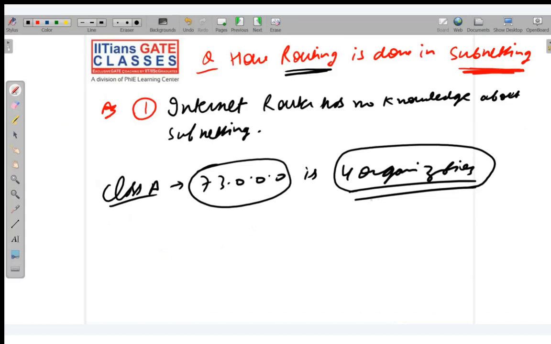If we made these four different entries, then what is the use? Our aim is to decrease the number of entries in the routing table. But if the router knows this subnetting, then the number of entries will increase. We do not want to increase; we want to decrease the entries. That's why the internet router has no knowledge about subnetting. It's your private choice, so the internet router will have only this entry. Now let me show you the diagram. Take the snapshot. I will jump to the next slide.